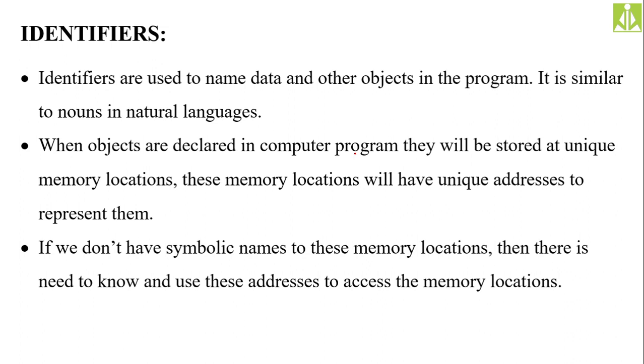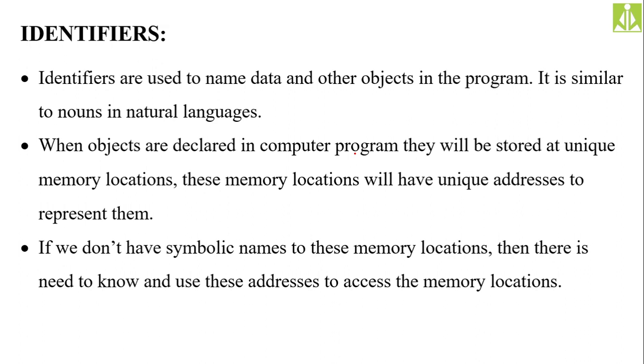So what is the suitable way to access the memory location? By giving it a proper name. If you don't have a name given to the memory location, then the only way is to access that memory location with the help of the address. But accessing the memory location with the help of the address is not the proper way. It is not the easiest way.